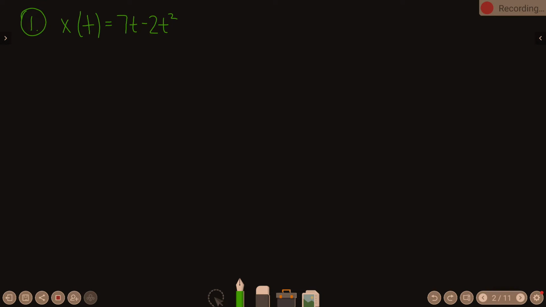Find the total distance traveled by the particle between t equal 1 to t equal 2.